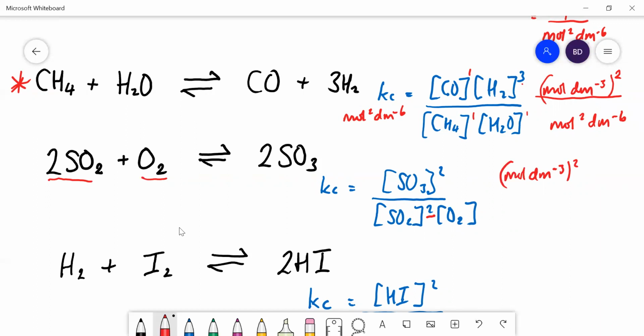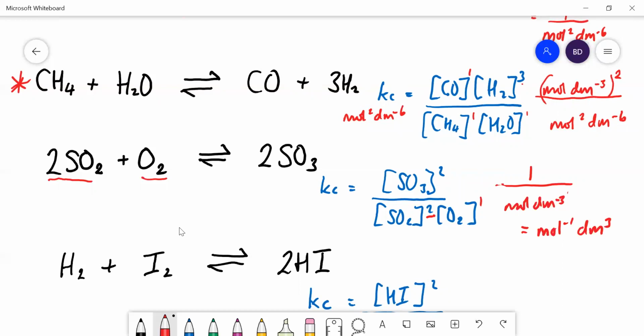We've got to the power of 2 and to the power of 1 on the bottom, so that's going to be mole dm to the minus 3 to the power of 3. Cancel those out, so that goes from the top, and that 3 turns into just a 1. So we've got 1 over that, and so that's going to be mole to the minus 1 dm to the plus 3.